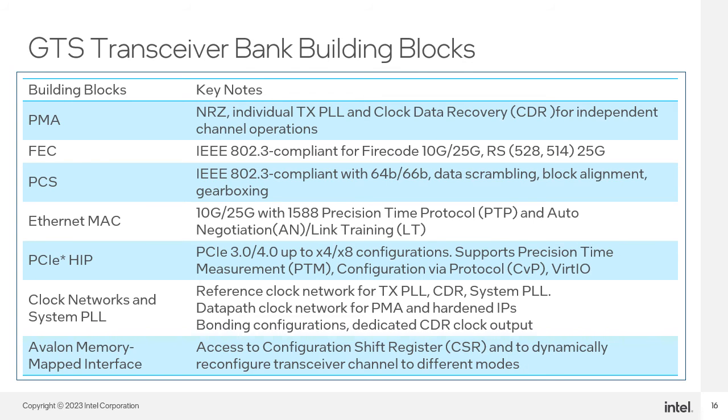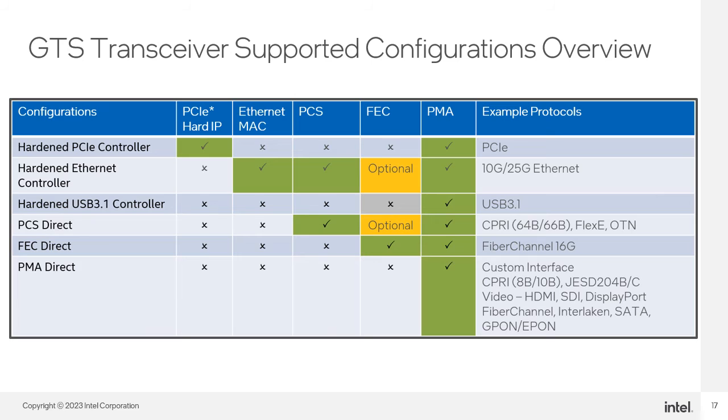This slide shows GTS Transceiver supported configurations overview. The view here is in terms of the resources that you can use for different configurations. In all configurations, the PMA will be used because that is the basis of transceiver. In the case of PCIe controller, PCIe hard IP and PMA are used.